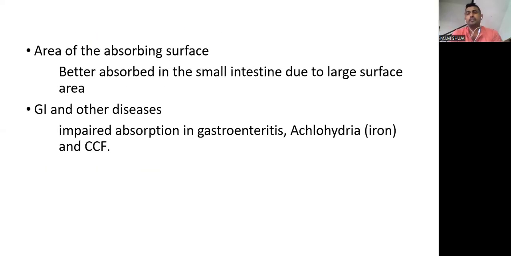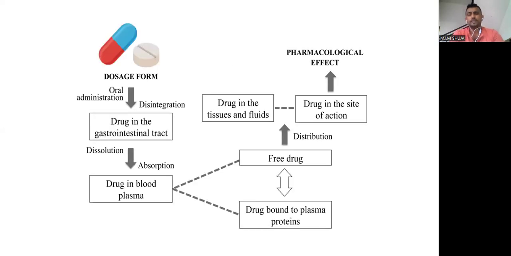When you have a better area for absorption, you will absorb more drugs. When you have disease in your GI tract, you may not absorb enough. So this is just an overall idea. You get a dosage form and you are taking it orally. There's a disintegration. We know the large particles become small particles. Then in the GI tract, it becomes solution. That is dissolution.